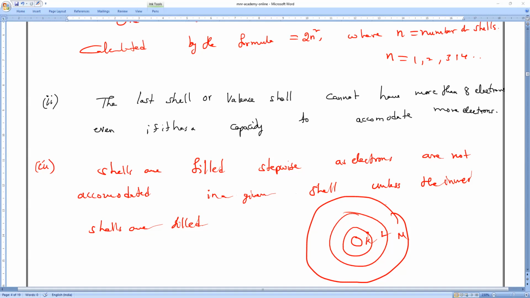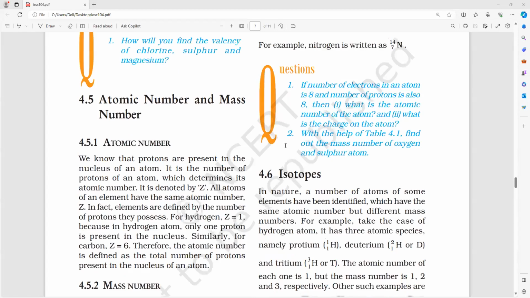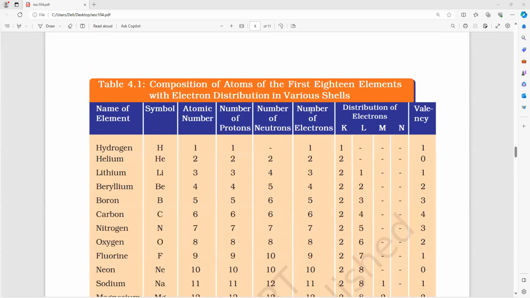Completed, sir? That's what. Now, you can go through your textbook. Tomorrow I am going to explain. Your textbook has given the first 18 elements; tomorrow we are going to do 20 elements. So, the composition of an atom of the first 18 elements with electronic distribution.